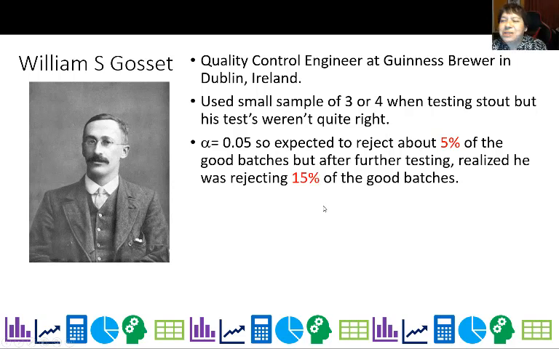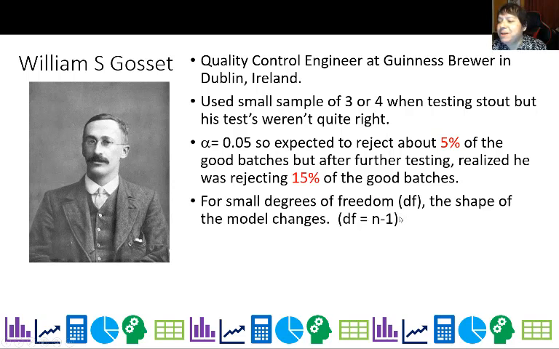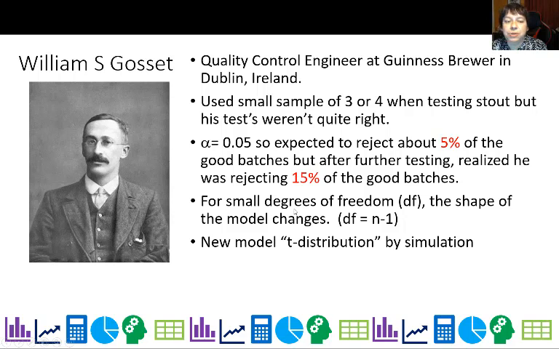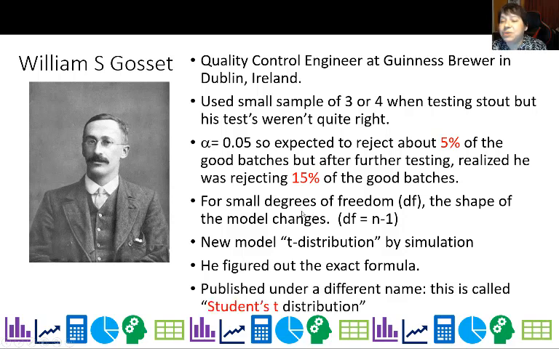All right. So for small degrees of freedom, the shape of the model changes, because he's only doing sample sizes of 3 or 4. So he had a new model called the t-distribution by simulation. And this is way back, the turn of the century. He figured out the exact formula and published under a different name, which is called the Student's t-distribution.